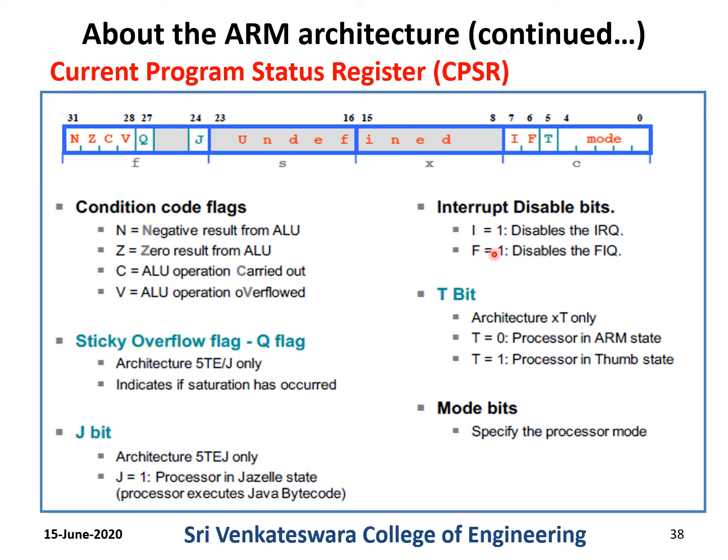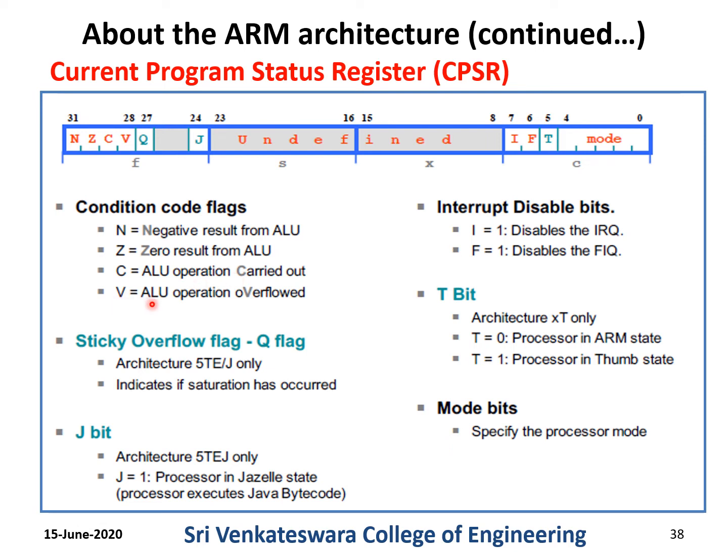This diagram shows a clear picture of how the CPSR register is used. Whatever I mentioned in the previous slide is listed here. The N flag indicates a negative result from the ALU. If the Z flag is set, it indicates that the result was 0 in the ALU. If C is 1, it indicates that the ALU operation generated a carry.